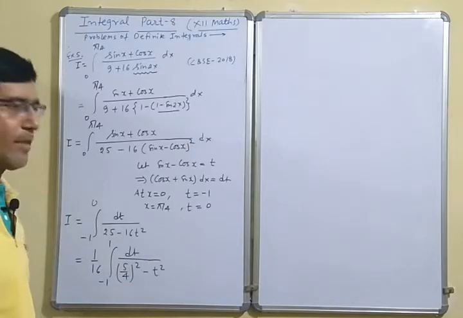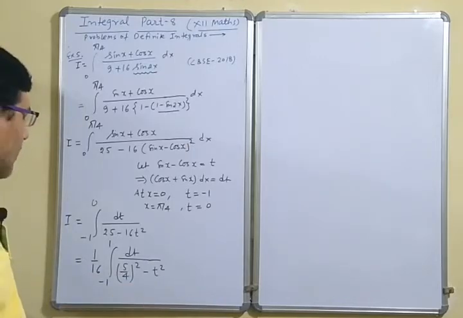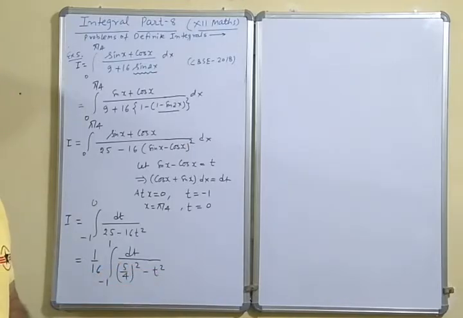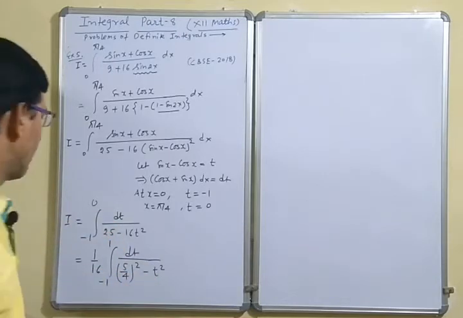The integral of dx upon a square minus x square is 1 upon 2a log of (a plus x) upon (a minus x).